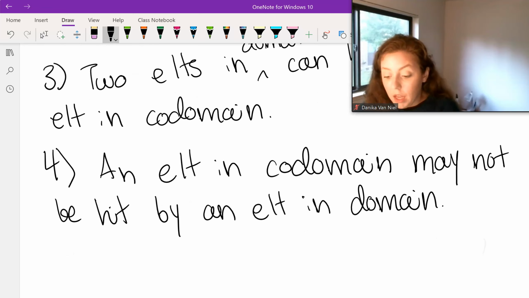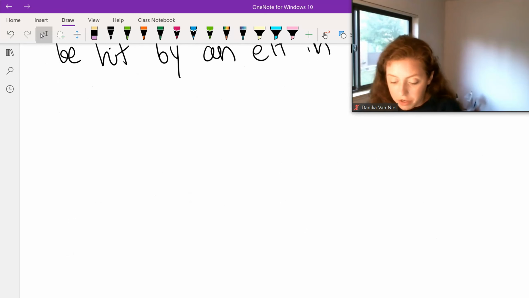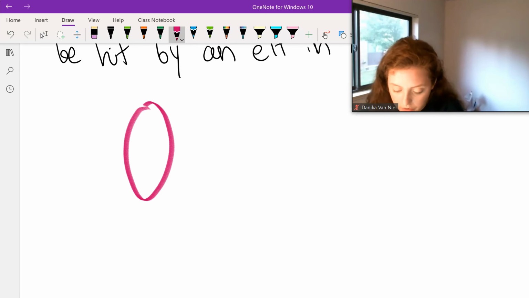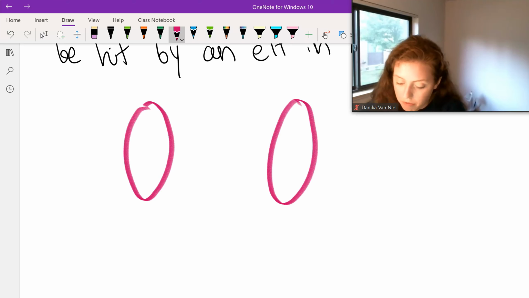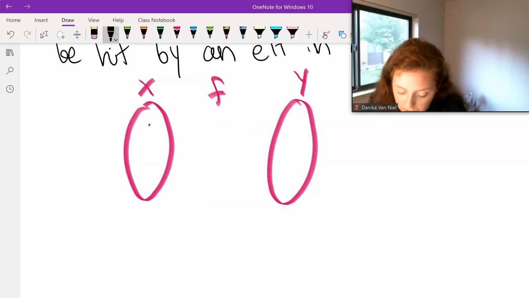All right, so let me draw some pictures, just some fun visuals. So X, Y, and we'll keep using f to define these maps. Let's start with X having 3 elements and Y also having 3 elements.